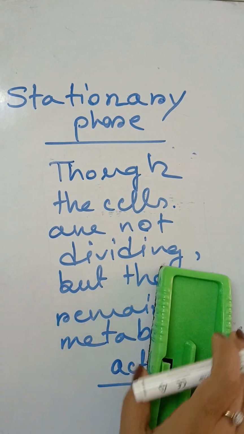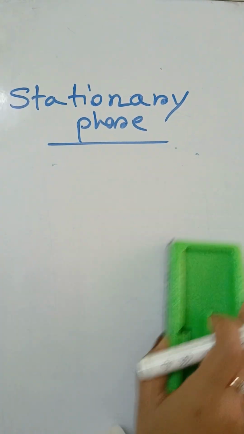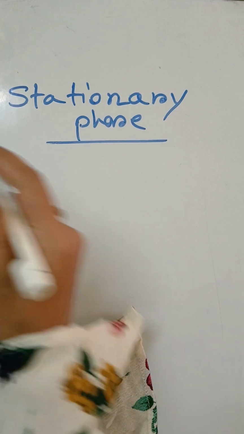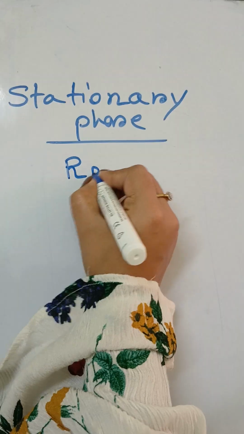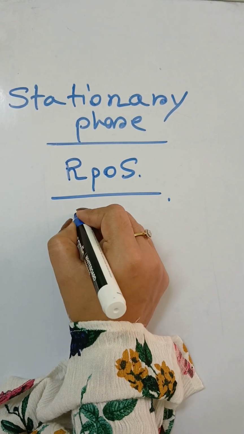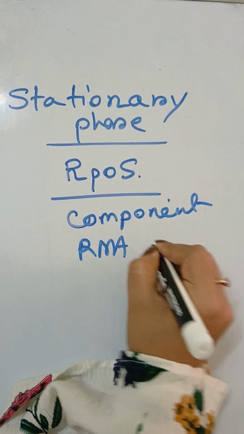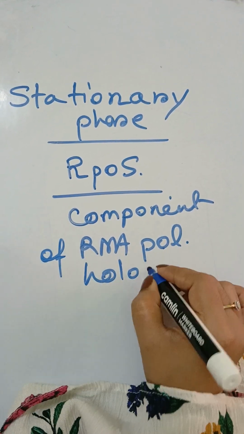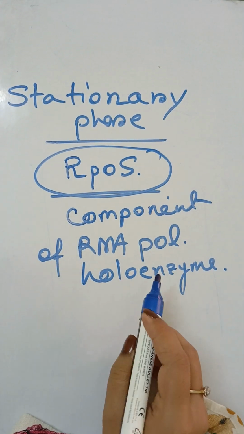Now there are a few proteins which help the bacteria survive this nutrient-limited starvation condition in their media. One such protein is known as RpoS. This is basically an important component of the RNA polymerase holoenzyme. Now, what is the function of this RpoS?